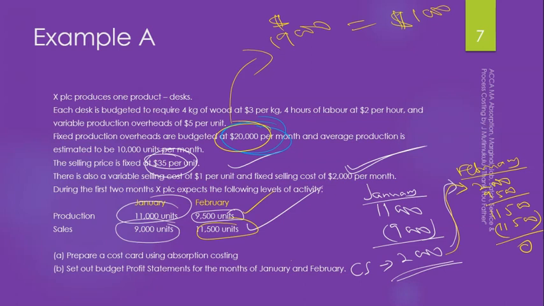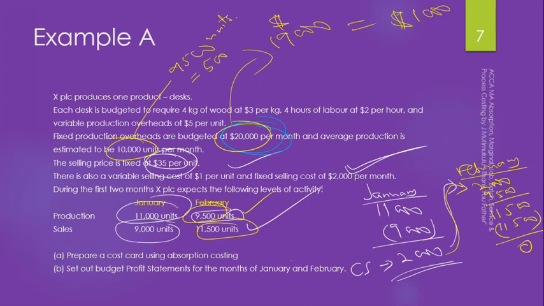But you can do the same using the units involved. We planned to produce 10,000, but we ended up producing 9,500 units. So obviously we under produced by 500.